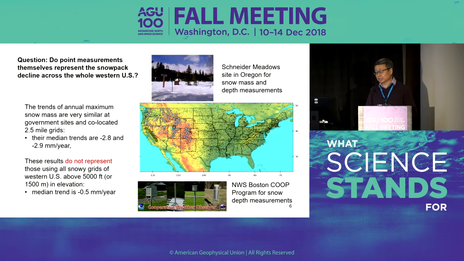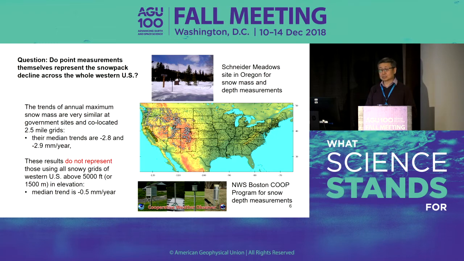To address this question, we compute the trends of annual maximum snow mass at government sites and collocated 2.5-mile grids of our data, and the results are very similar. For example, their median trends are minus 2.8 and minus 2.9 millimeter per year, respectively.